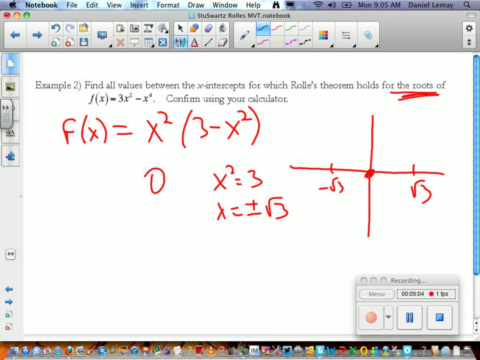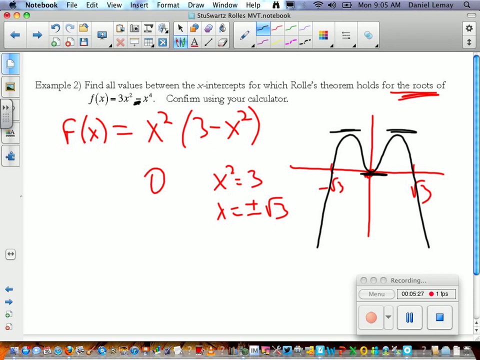It looks something like this. Okay, so it's got to cross those places. It's negative, so it's got to open down. So we see there's going to be 3 places where the slope's going to be 0.